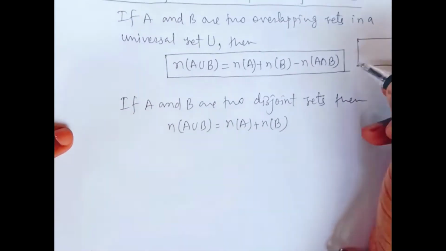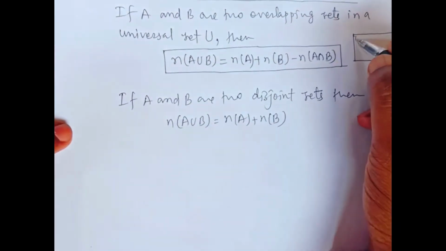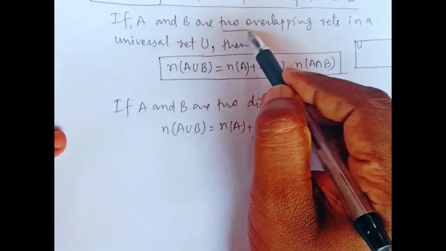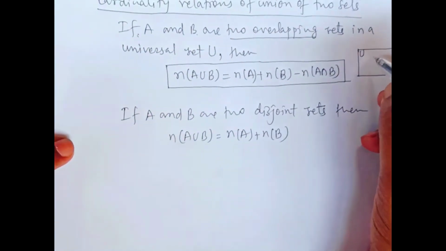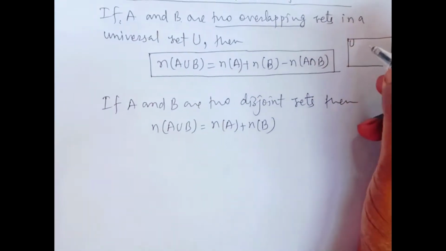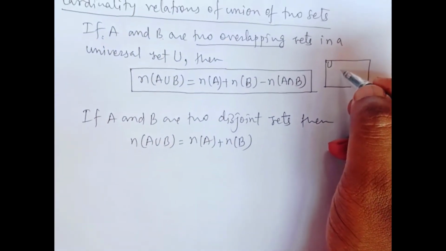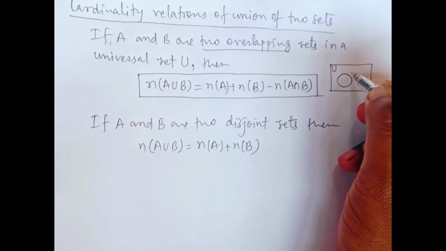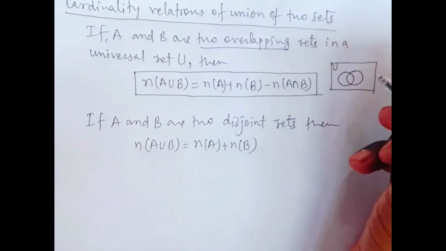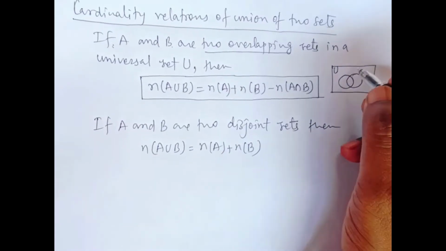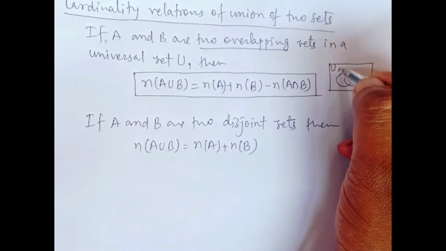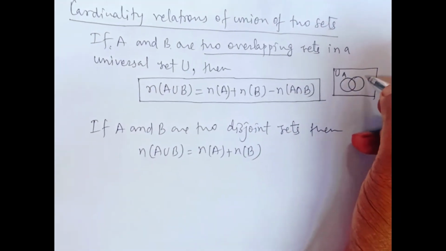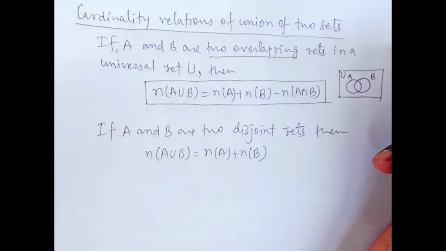Say this rectangle represents the universal set U, and these A and B are two overlapping sets, meaning they have at least a common element. Now look here, these two circles represent A and B respectively.